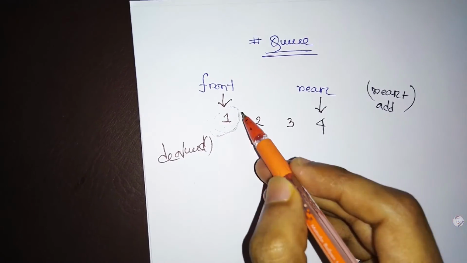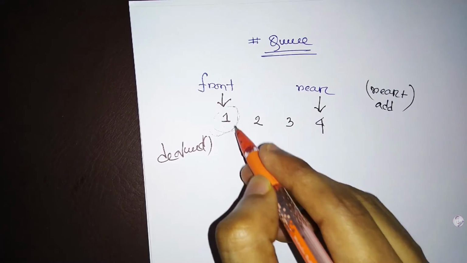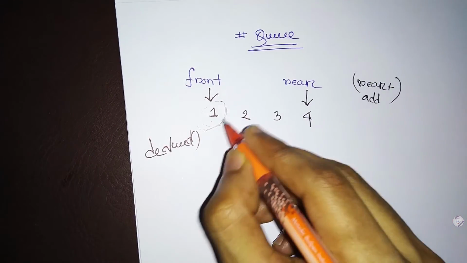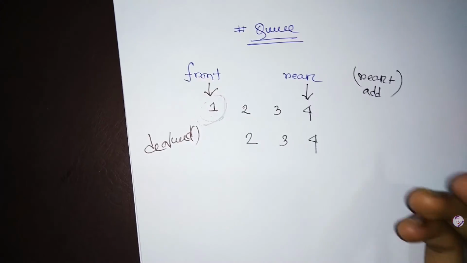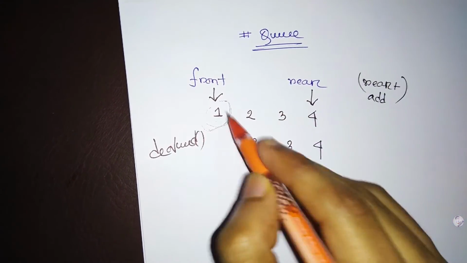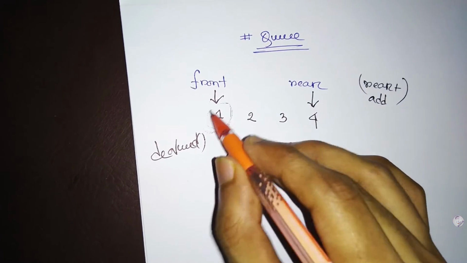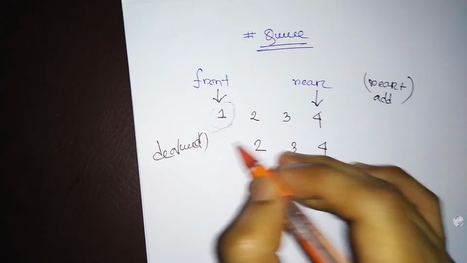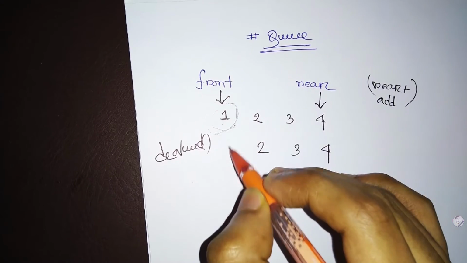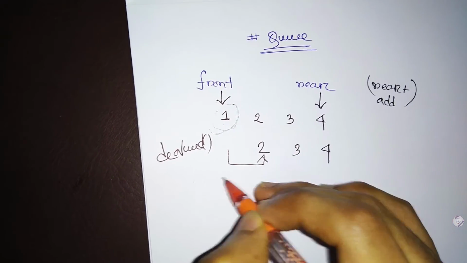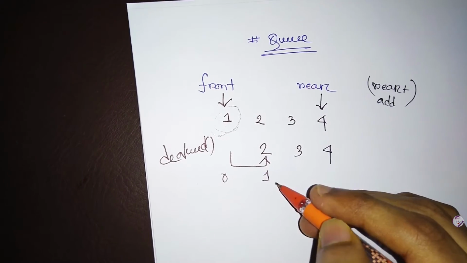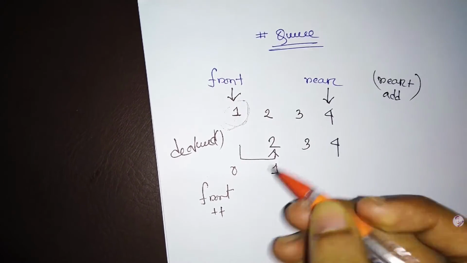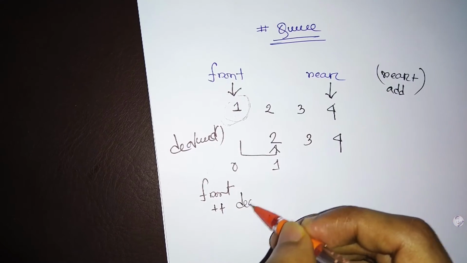When we pop 1, this place would be empty, and then we have 2, 3 and 4 left. So 1 is gone, it is dequeued, and it just becomes a garbage value. So we are incrementing front from position 0 to position 1. We increment the front in case of dequeue.